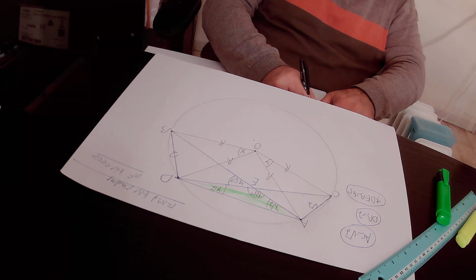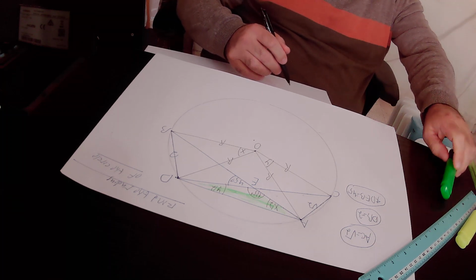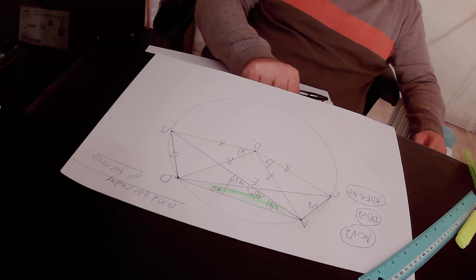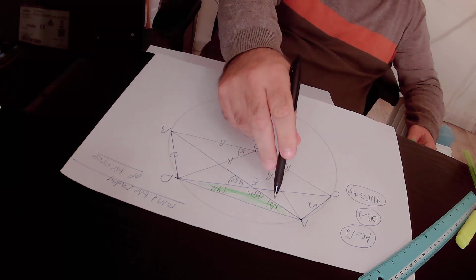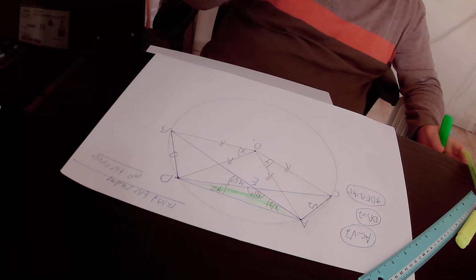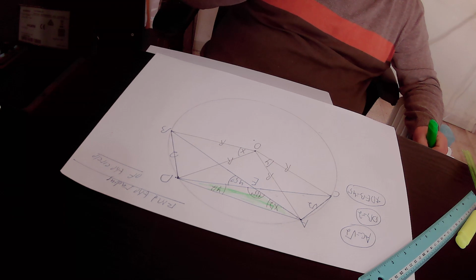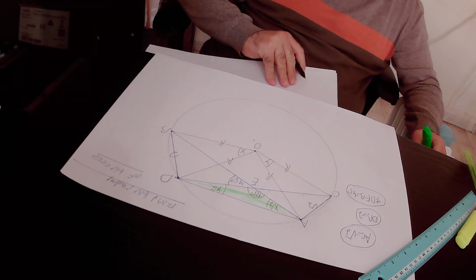That is to say, the angles inside the green triangle: we have this angle that is equal to x over 2 plus this angle that is y over 2 plus this angle that is equal to 135 degrees. So in total, the sum of those three angles must be equal to 180 degrees.